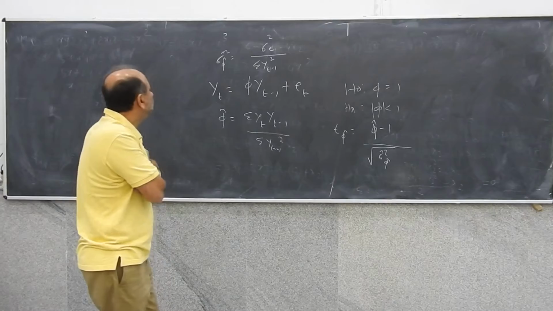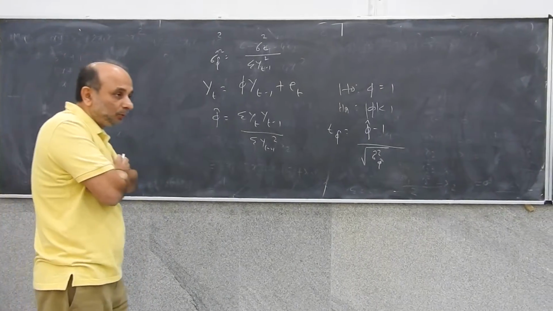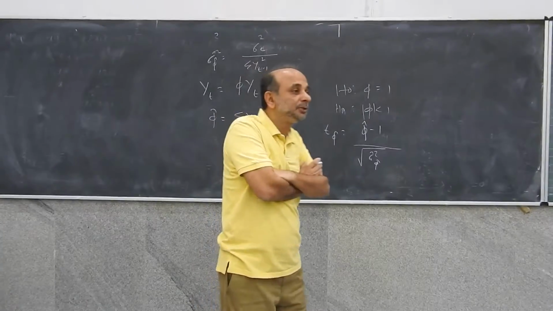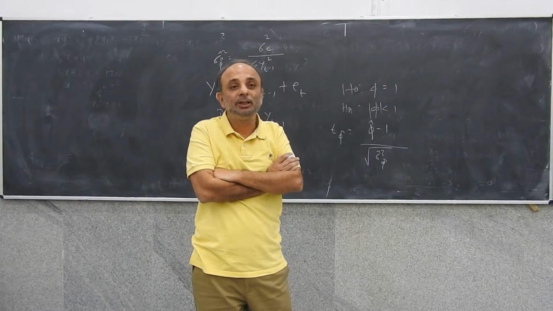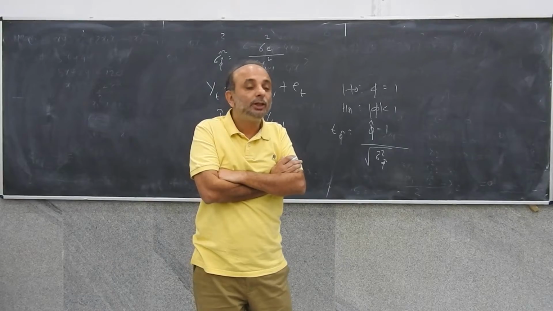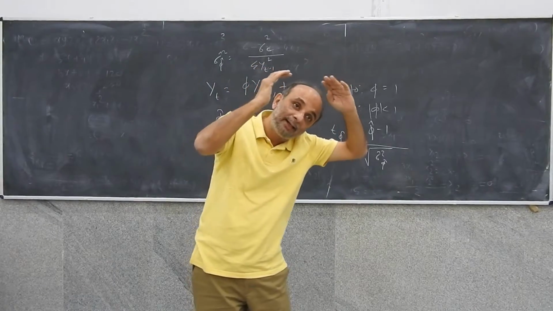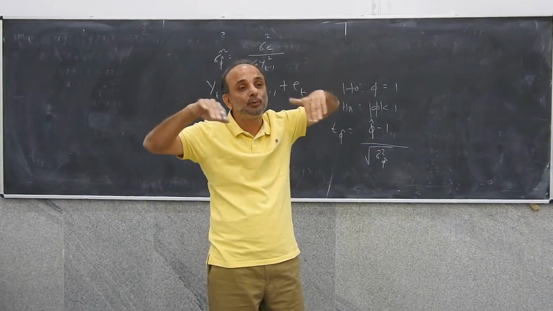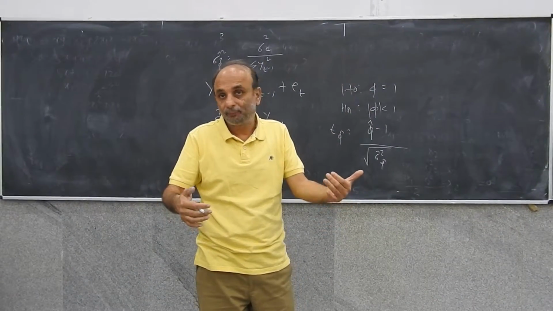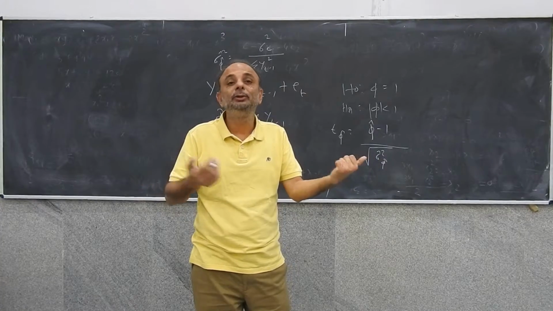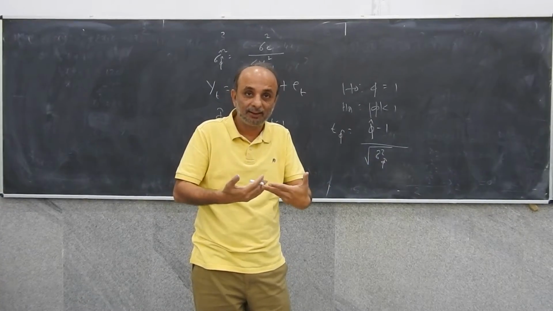So if your null hypothesis is phi equal to 1, your basic presumption is that the data are a random walk, and therefore the usual tests of hypothesis do not apply. So you cannot test that hypothesis itself using the usual hypothesis test. You cannot do that, right? So you need a different way of testing.